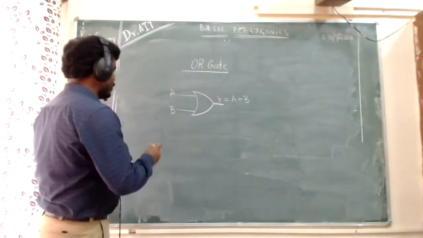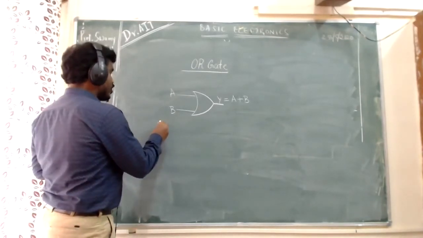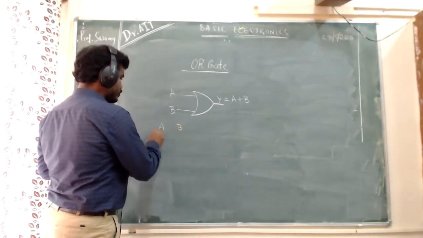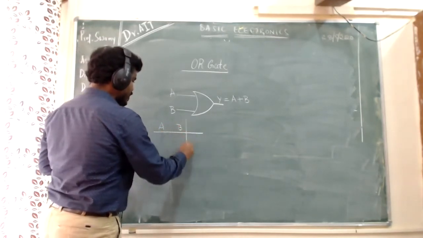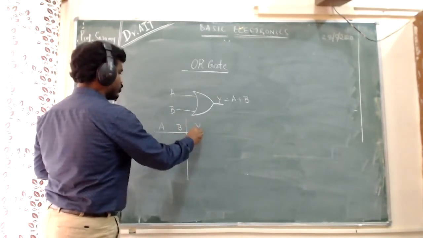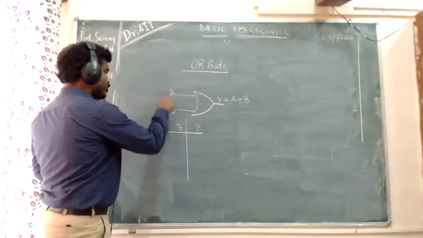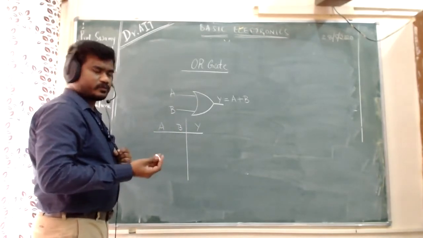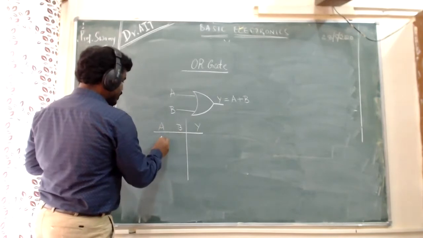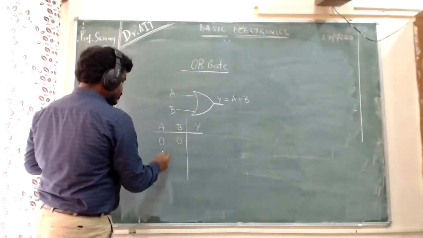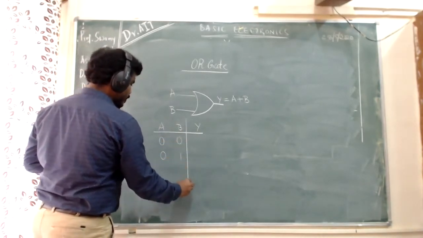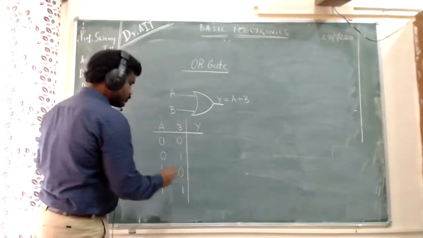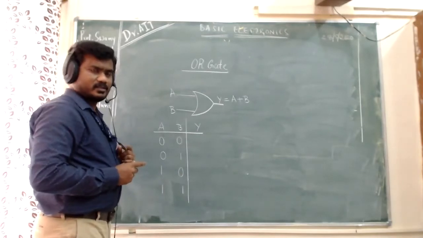Then coming to the truth table of this OR gate, you have the two inputs A and B, and then the output Y. Since there are two inputs here, the total number of input combinations is 4: 0 0, 0 1, 1 0, and 1 1.